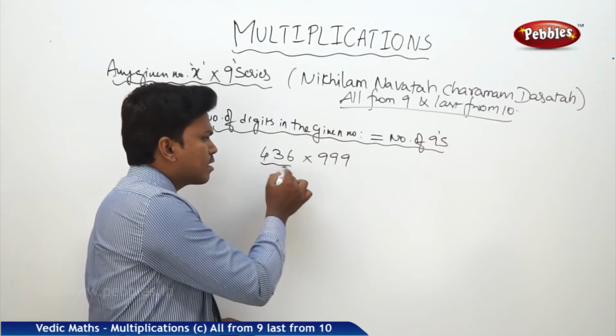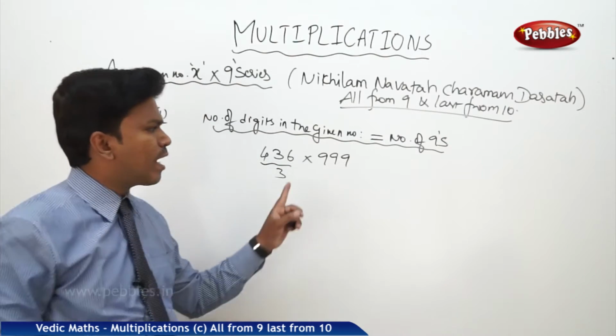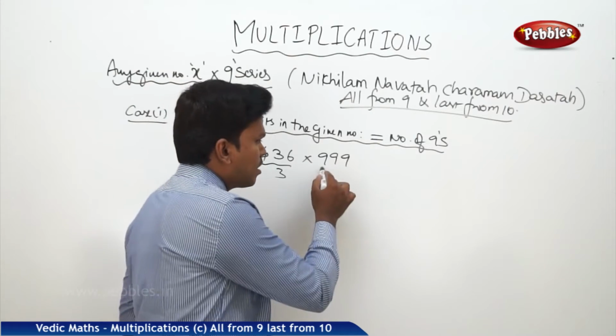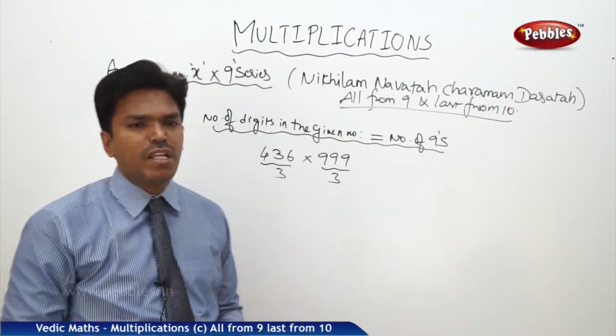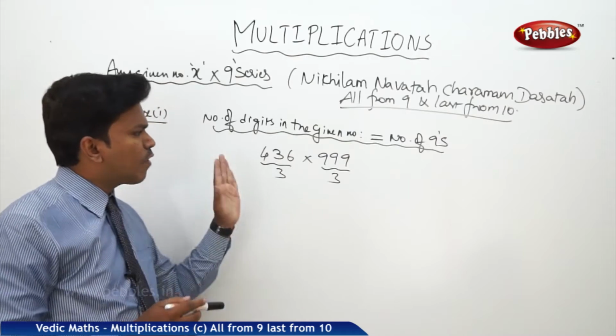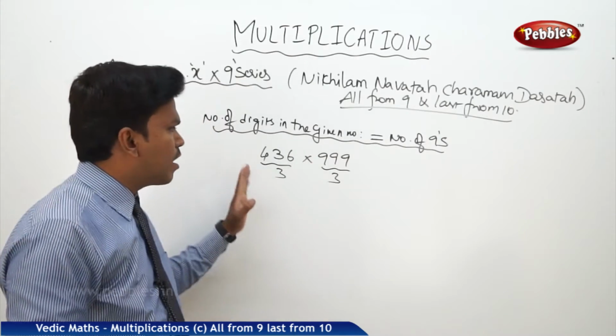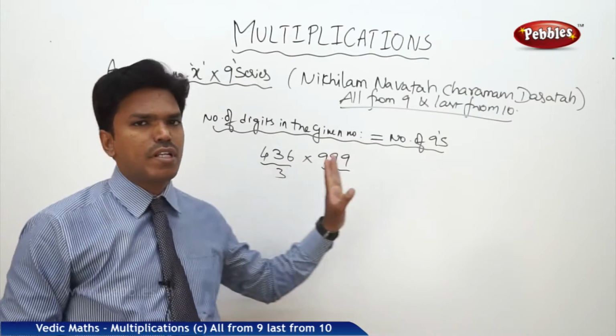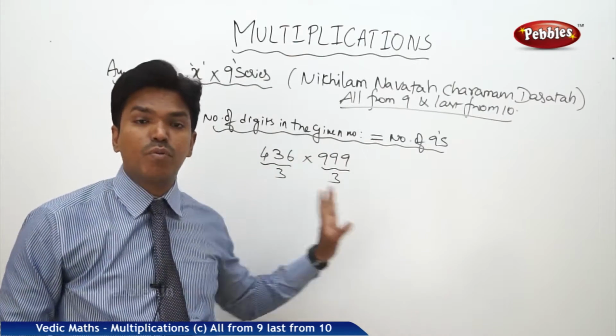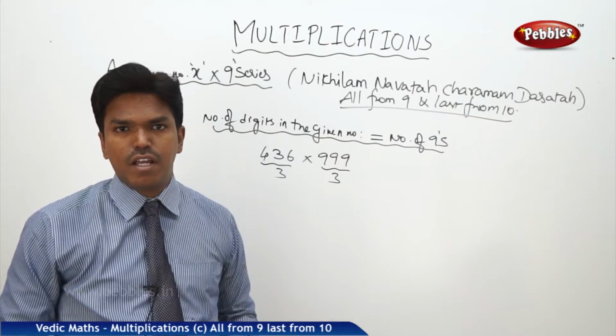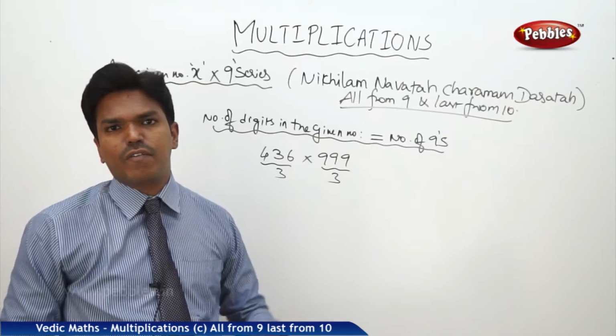There are 3 digits. How many nines are there on the right side? 3 nines. Is the number of digits equal to the number of nines? Yes. Both are the same.